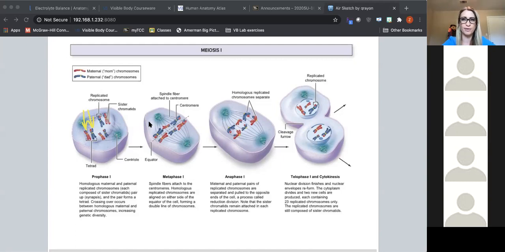Now, this is not 23 pairs of homologous chromosomes anymore. And since this is not 23 pairs of homologous chromosomes, these cells are already considered haploid cells. Now, what's going to happen to each of these cells is shown on the next page. If you have this open in your textbook, this is on page 1108, 1109, and this is going to be followed by meiosis 2.